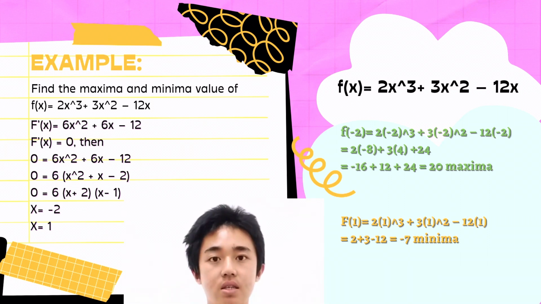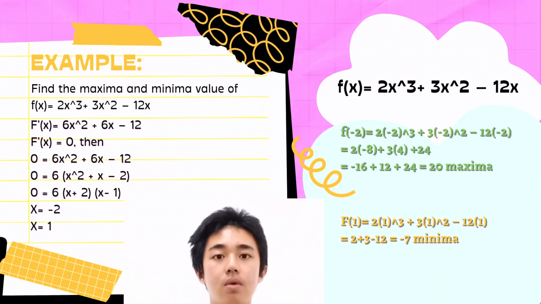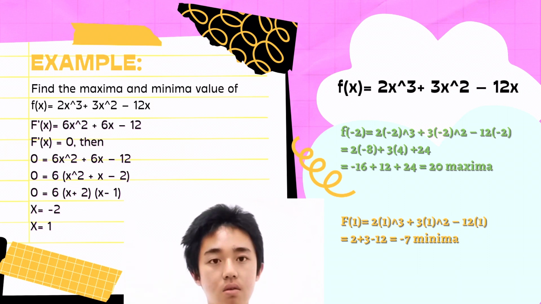So f(x) equals 2x cubed plus 3x squared minus 12x. We're going to input the x values. f of negative 2 equals 2 times negative 2 cubed plus 3 times negative 2 squared minus 12 times negative 2.